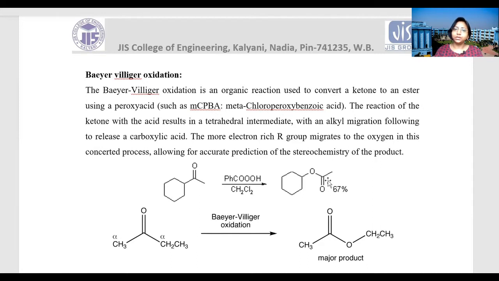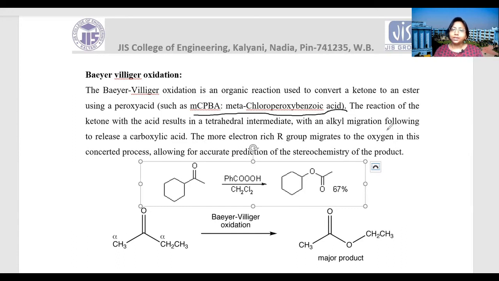With the presence of this, the reaction of the ketone with the acid results in a tetrahedral intermediate, with alkyl migration following a release of carboxylic acid.